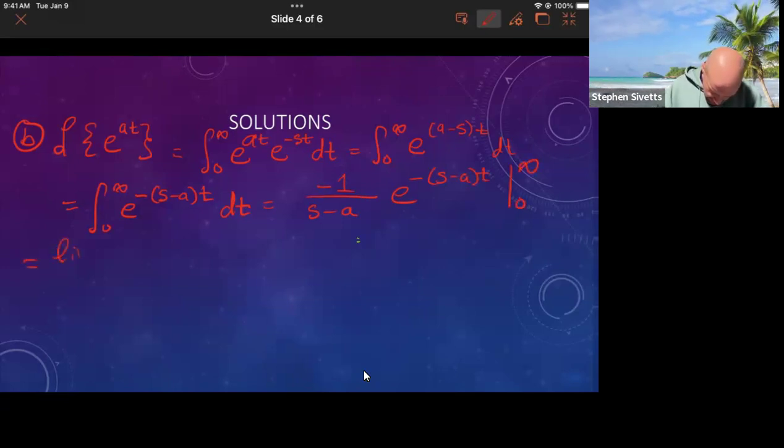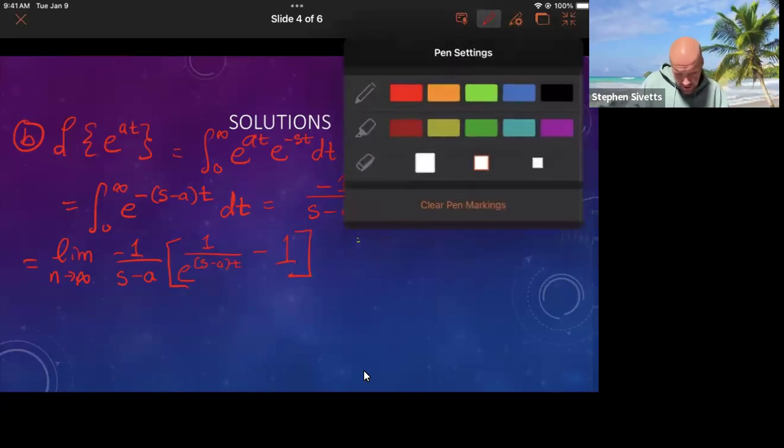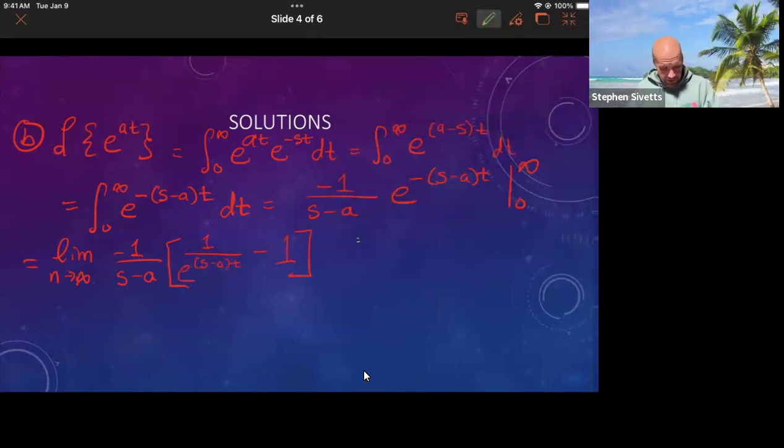And this equals the limit as n goes to infinity of minus 1 over s minus a of, minus 1. Okay, so I'll stop here. There's going to be a couple of cases to look at, right?